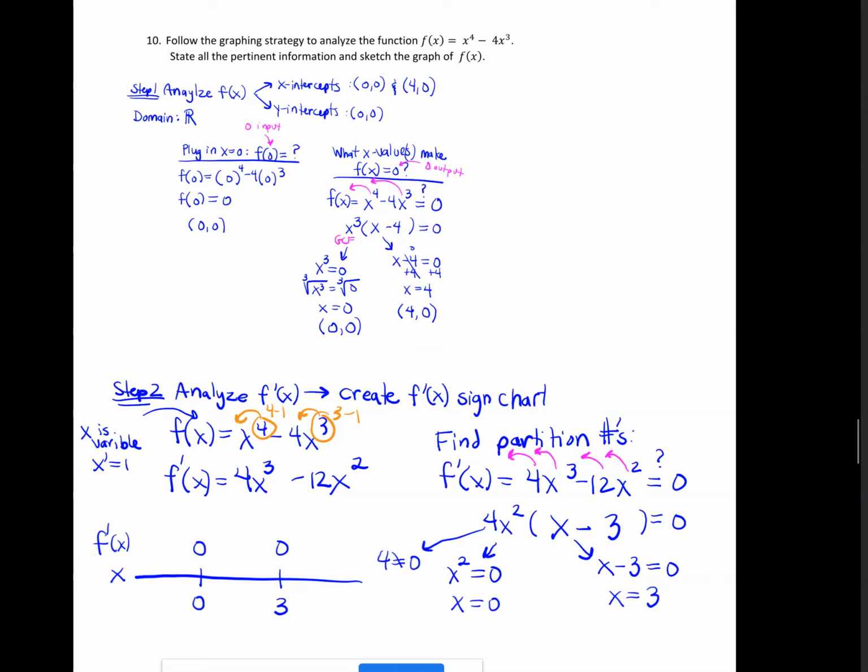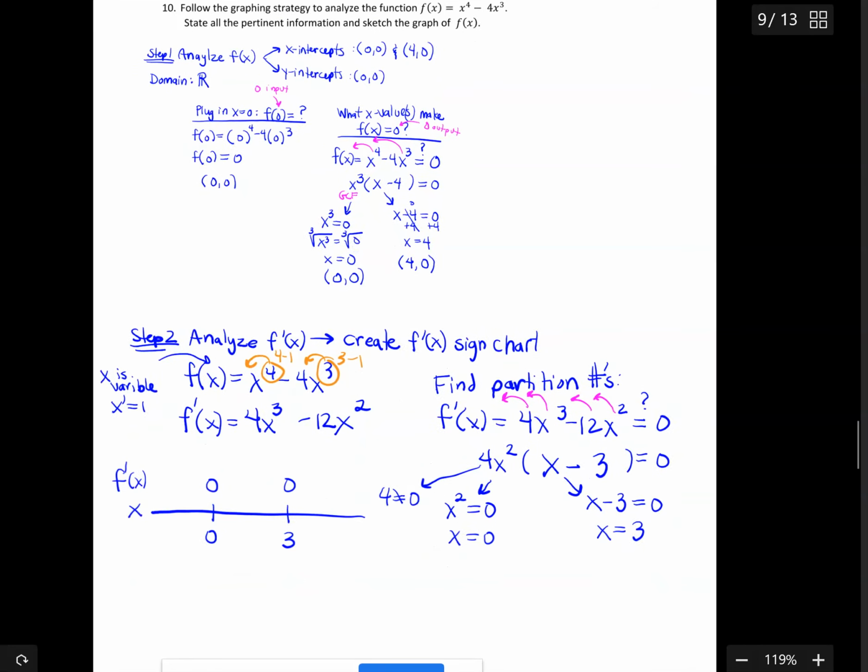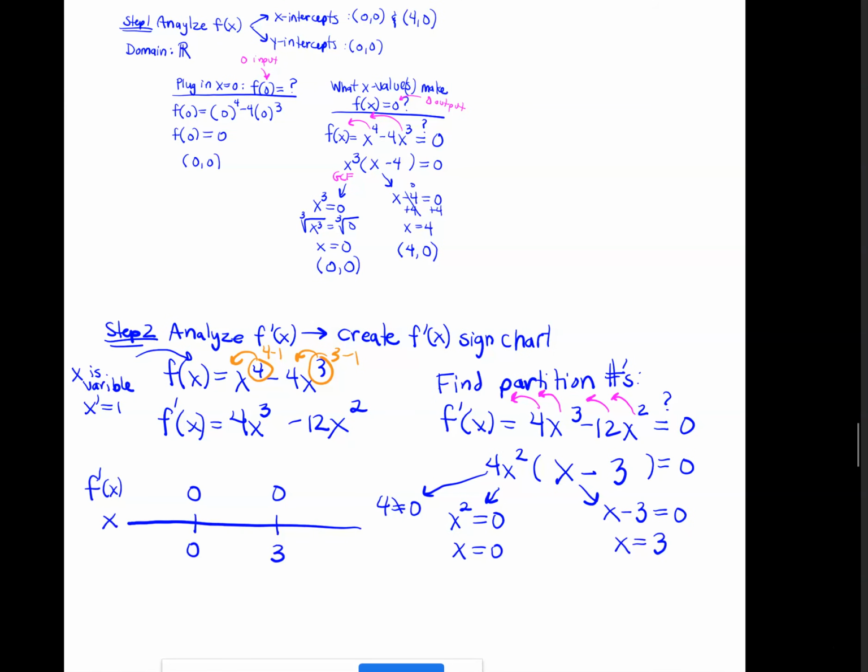So all I care is that this is a negative output. That's all I care about. So I'm just going to come over here and put negatives up there. And you could type all of this expression into your calculator if it's programmed to do order of operations. I don't have my calculator handy, so I just did it in pieces. Okay, so my first test point area is going to be negative.